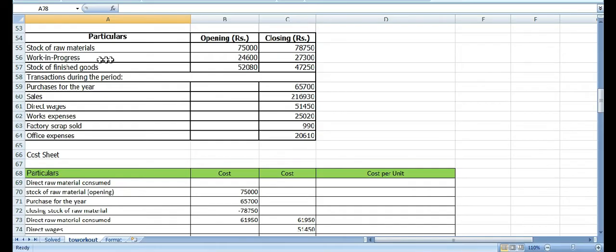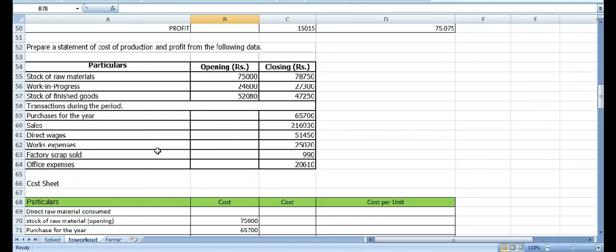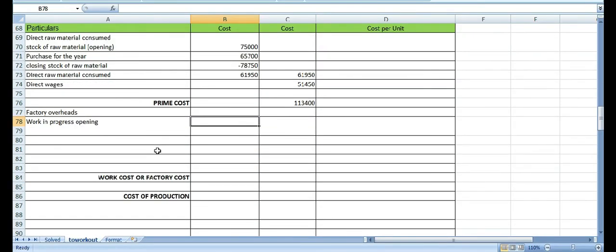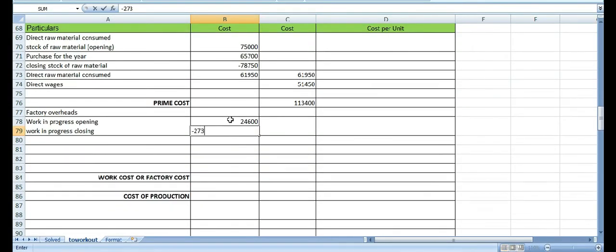Work in progress opening we have to add, closing we have to subtract. 24,600. That is 27,300. So we have a less here, that's why we have mentioned it as a negative value.